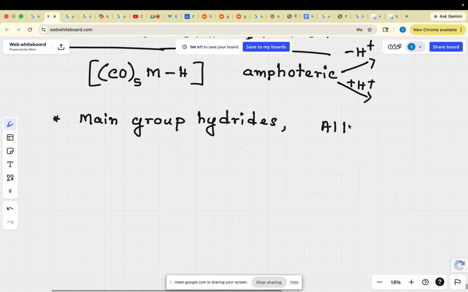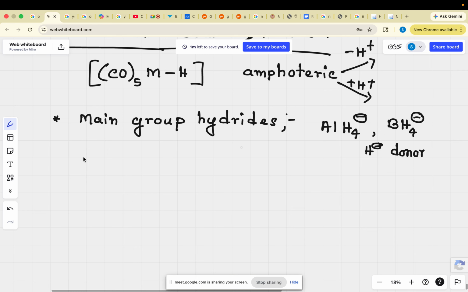Lithium aluminum hydride, if I write down only the anion counterpart, AlH4 minus, is a main group hydride. Suppose you have sodium borohydride, I am writing only the anion counterpart BH4 minus. These are basically your H minus donors. Now we are coming back to our transition metal hydride.